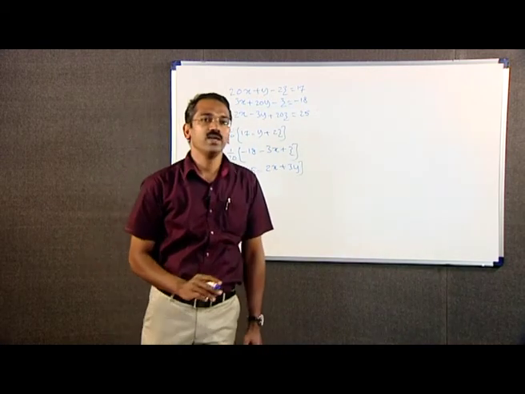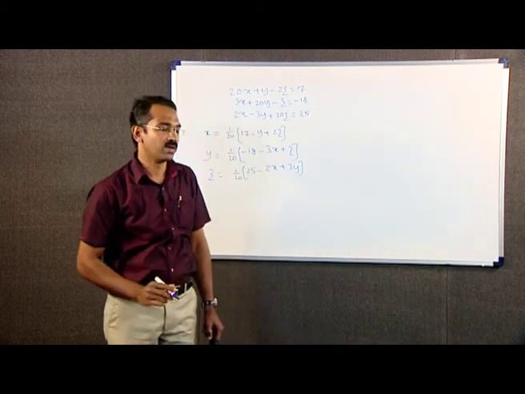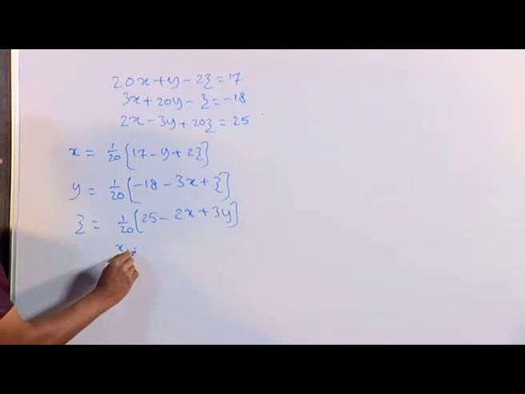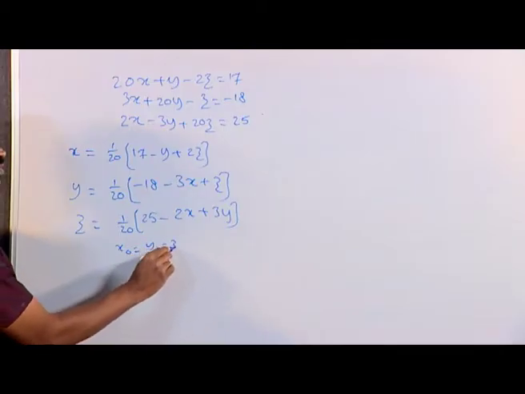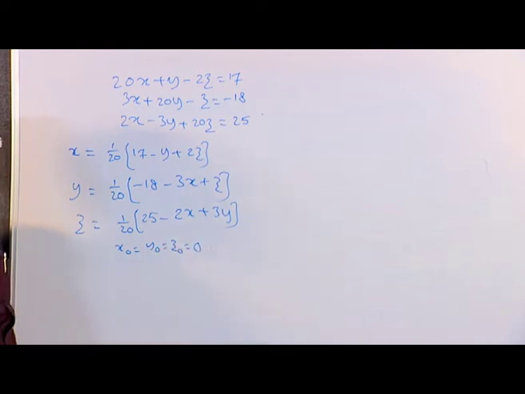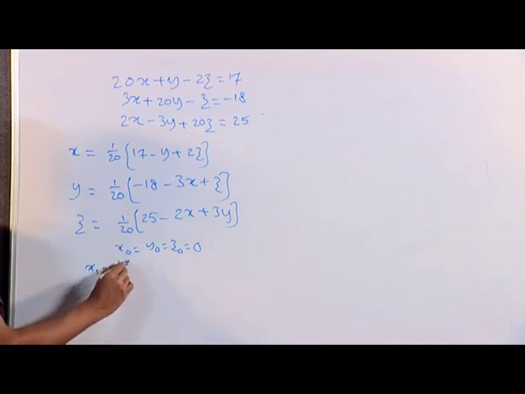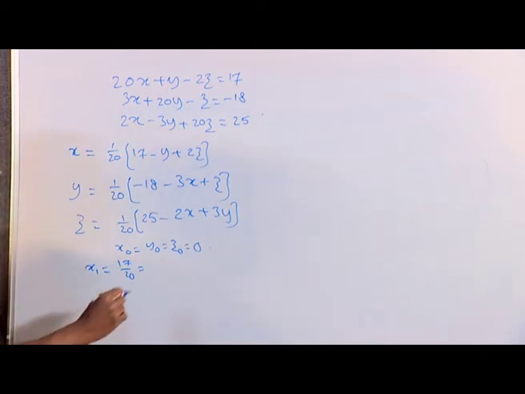Let us take the initial approximations as x0, y0, z0 equal to 0. We will get the first approximation x1 is equal to 17 by 20, which is equal to 0.85.